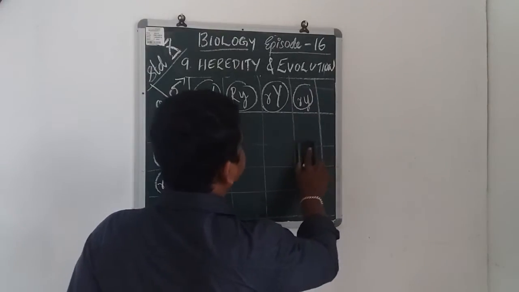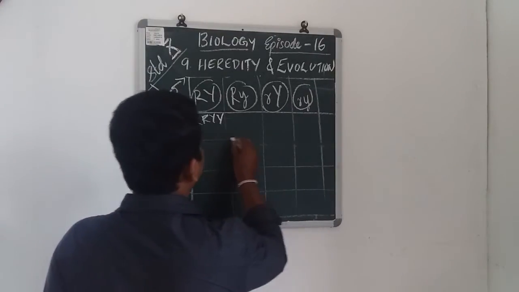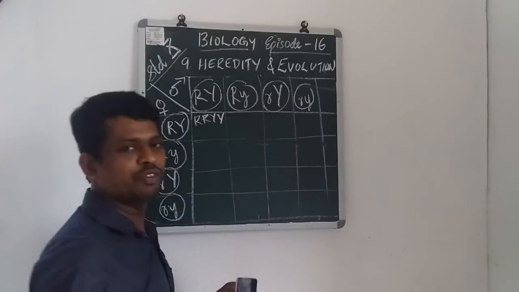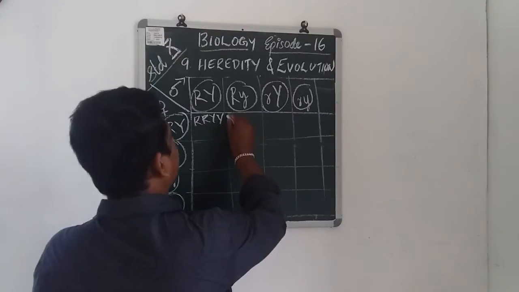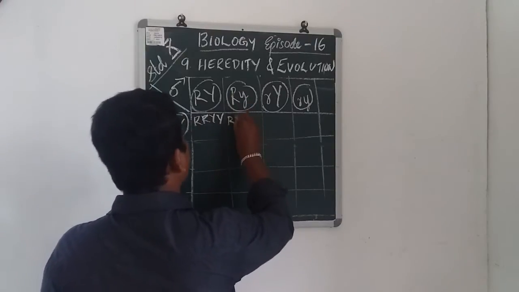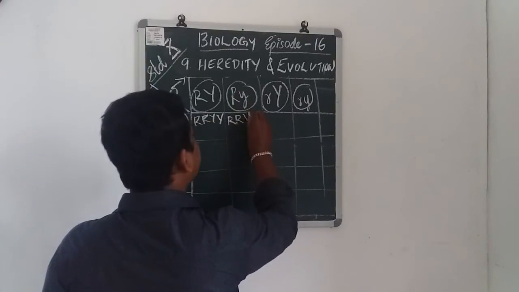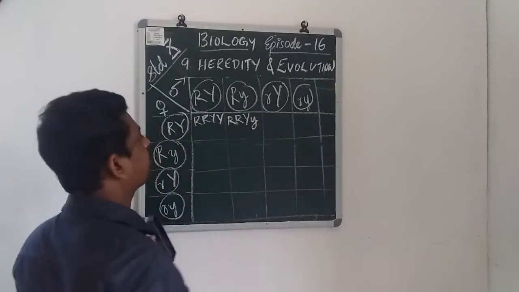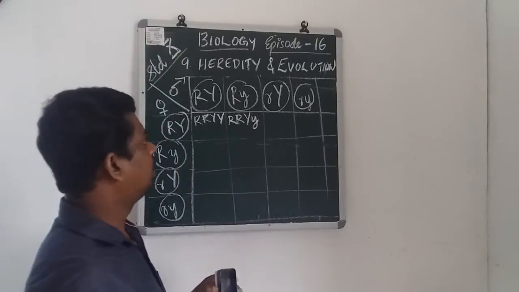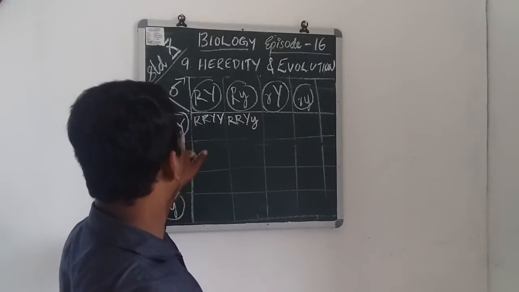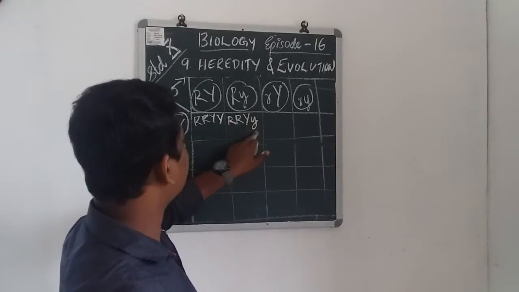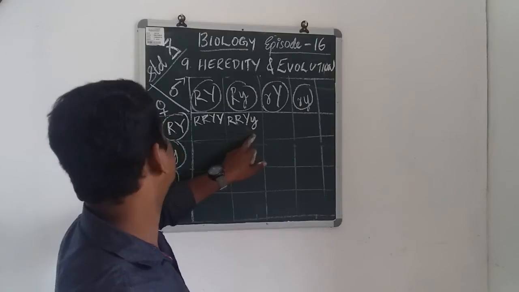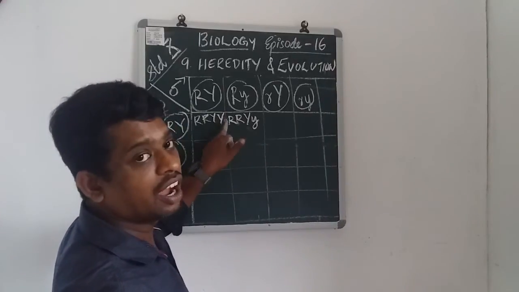We are filling the whole chart, first of all completing it. Look at the writing method: the capital Y is the first letter and small y the second letter, and the capital R is the first letter.